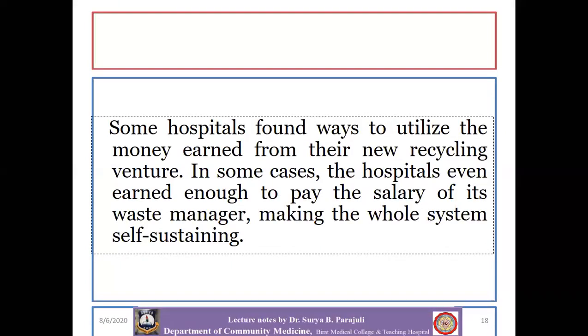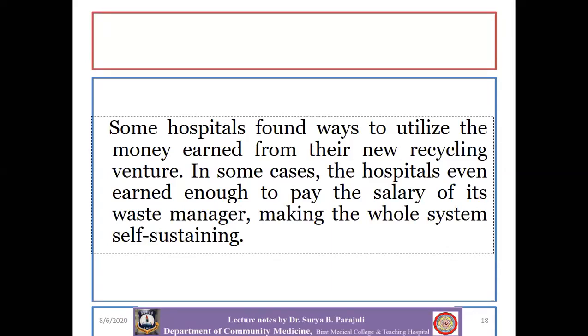Some hospitals found ways to utilize money earned from their new recycling ventures. Especially in our peer hospitals, they have different processes of segregation or management of healthcare waste. Actually, they are earning money.